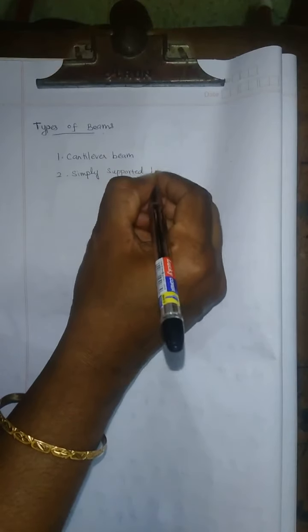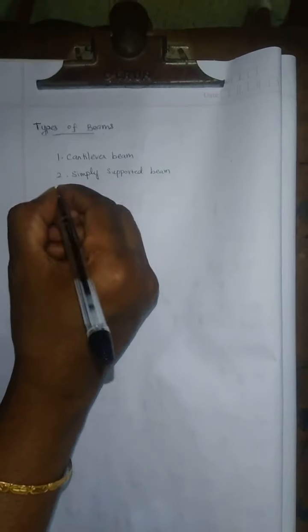The next subheading that we are going to see is the types of beam. Right. So there are 5 types of beam. First one is the cantilever beam. Second one, simply supported beam. Third one, overhanging beam.